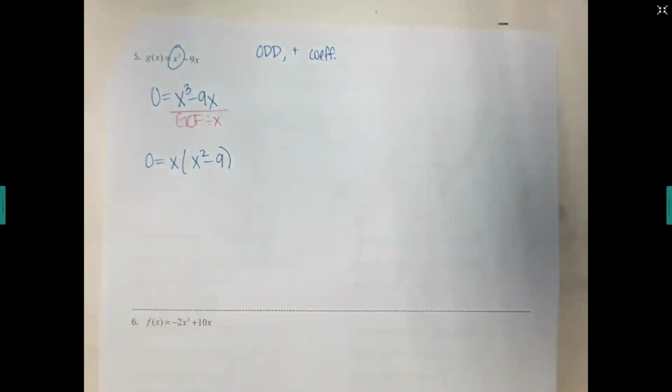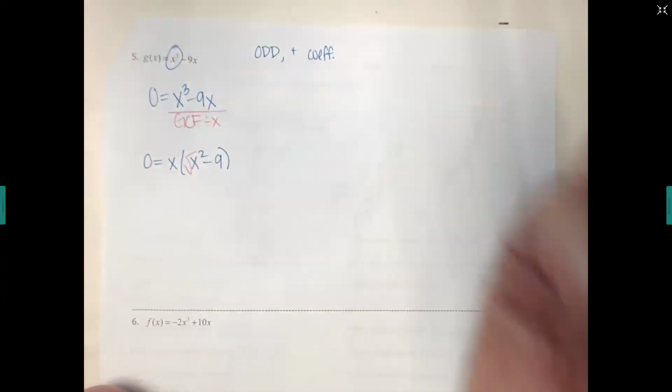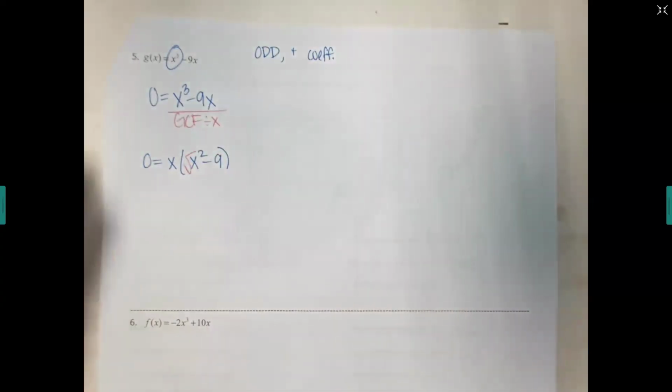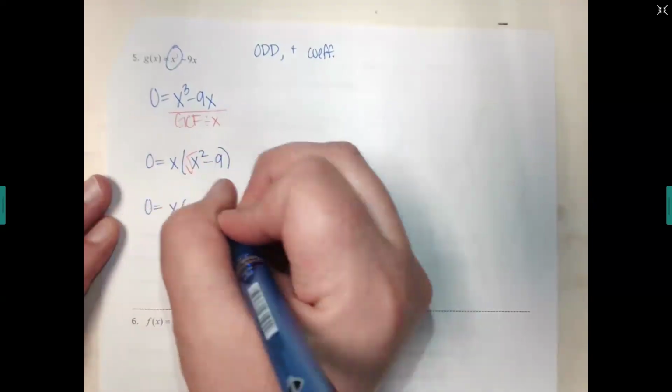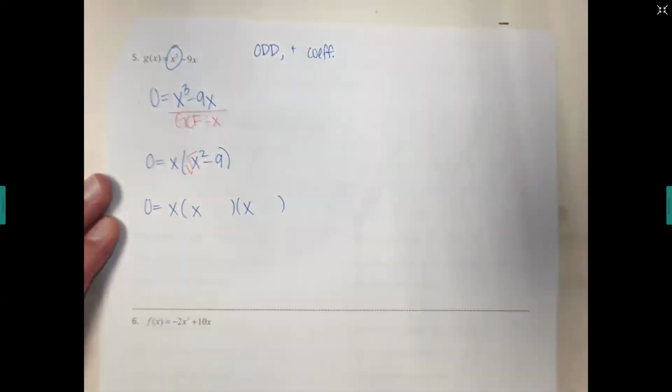This can break down again. What type is it, an AC chart or perfect squares? Perfect squares. So you're going to square root x squared. What's that going to break down into? Regular x. What's the square root of 9? Plus or minus 3.